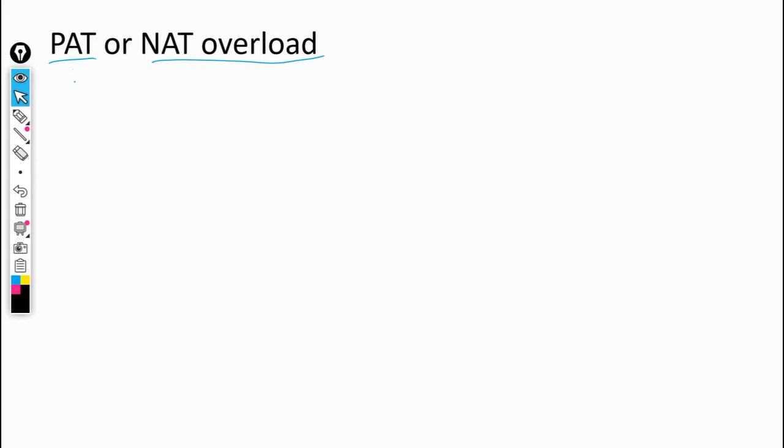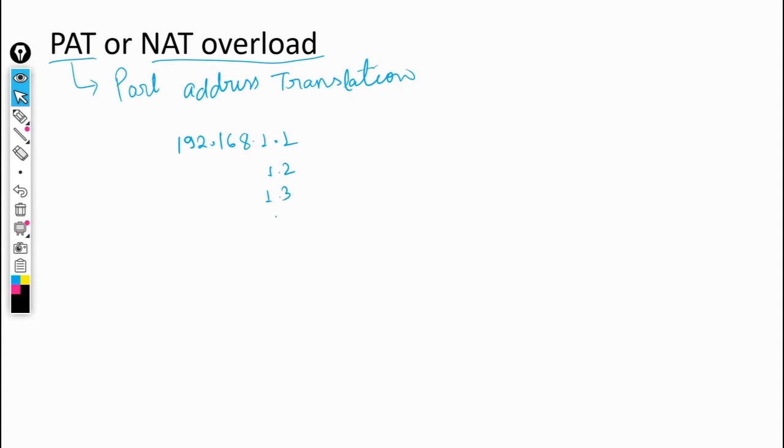PAT stands for port address translation. So what's happening now? Let us suppose we have 192.168.1.1, 1.2, 1.3, 1.4, 1.5, 1.6.